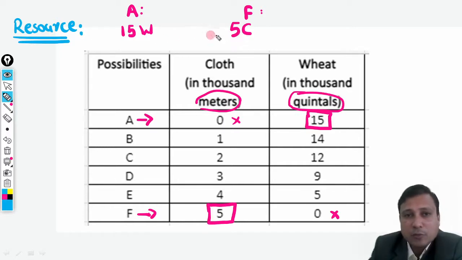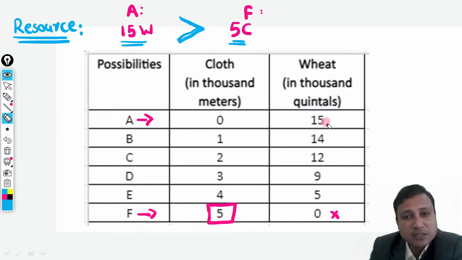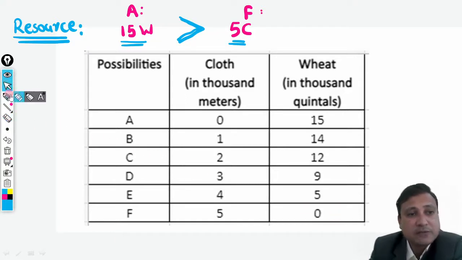And if I compare both the extreme conditions, it seems that in A, I am able to produce more wheat than the cloth. What does that mean? It means my resources are more efficient in the production of the wheat, because resources are fixed.